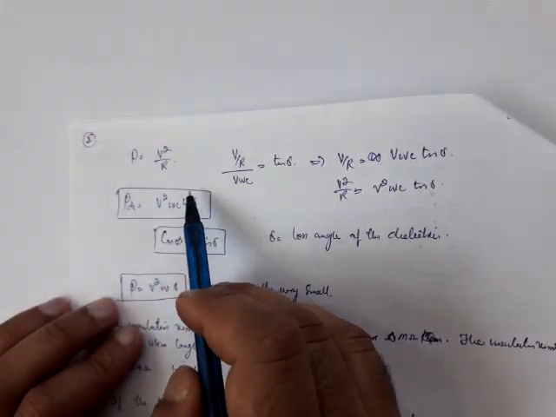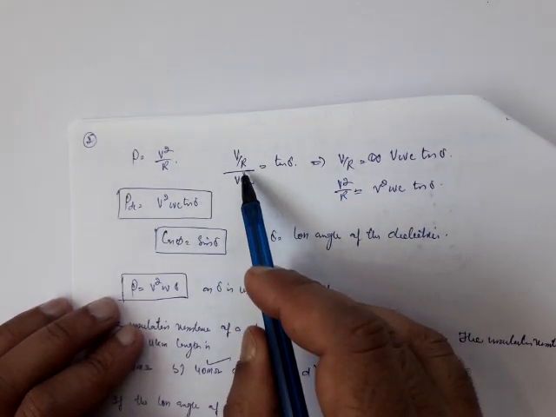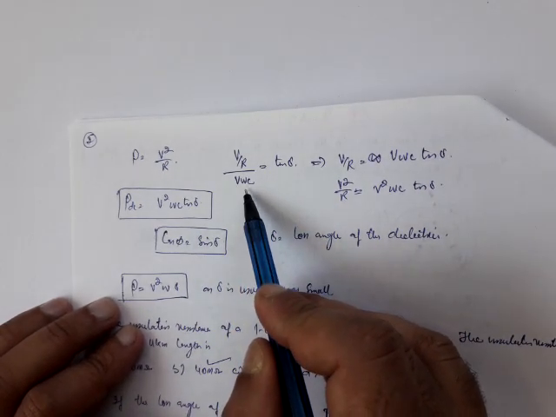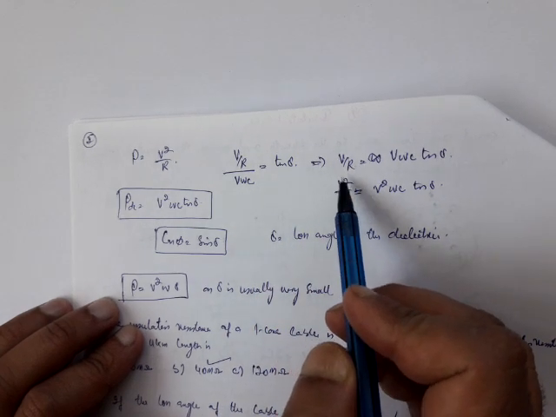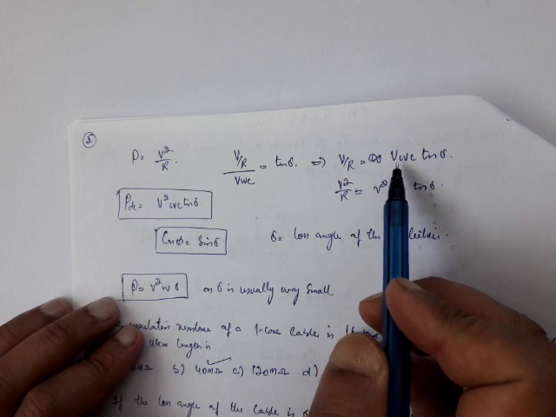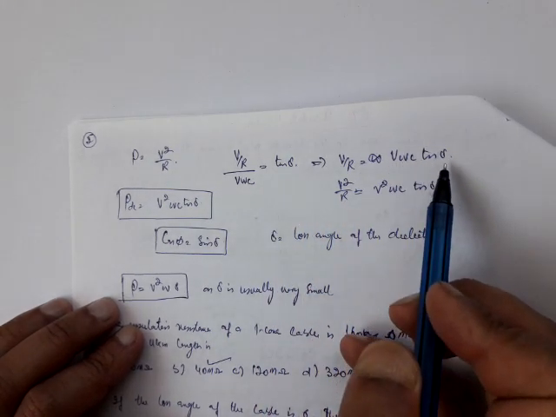Now P is equal to V square by R, and tan delta is equal to IR divided by IC. IC is equal to V into omega C. So from here, V by R is equal to V omega C into tan delta.